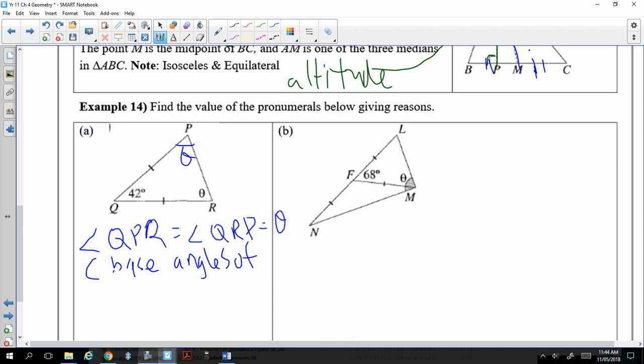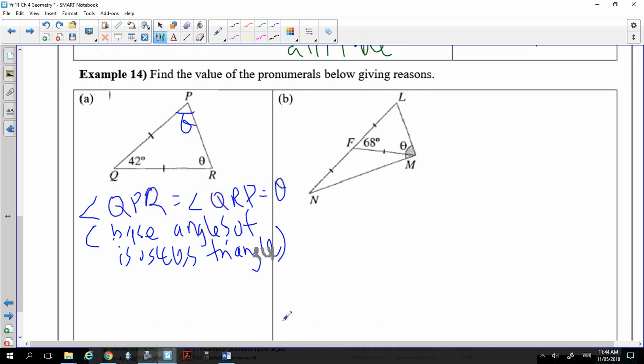Note the spelling of isosceles can sometimes be a bit tricky to write.